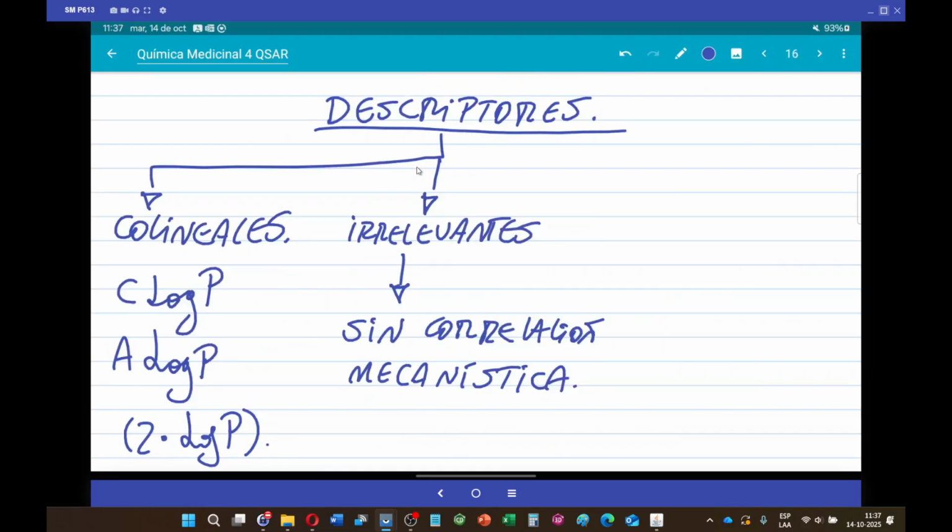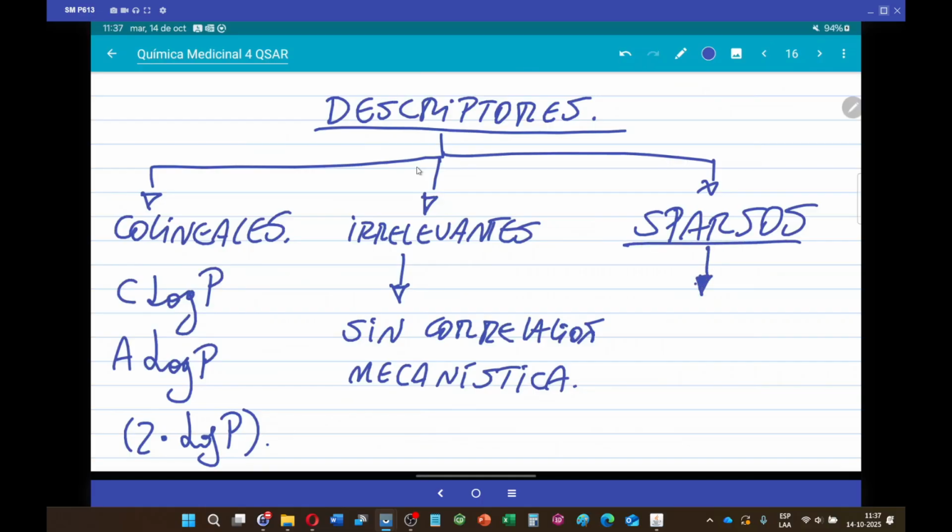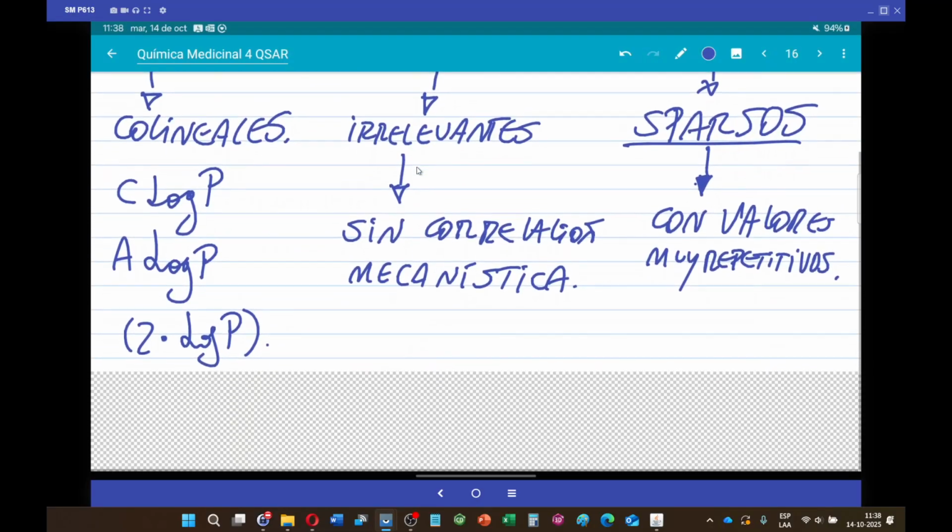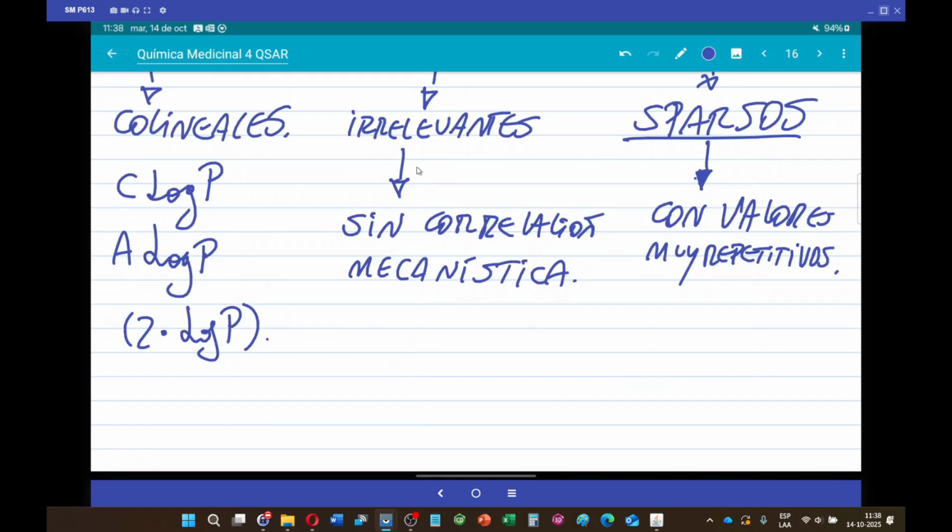And the third situation, they have to avoid sparse descriptors. What does that mean? They are situations in which the same value is repeated a lot, with very repetitive values. Example, imagine that you have a series of 20 molecules, and of the 20, half are isomers among themselves.